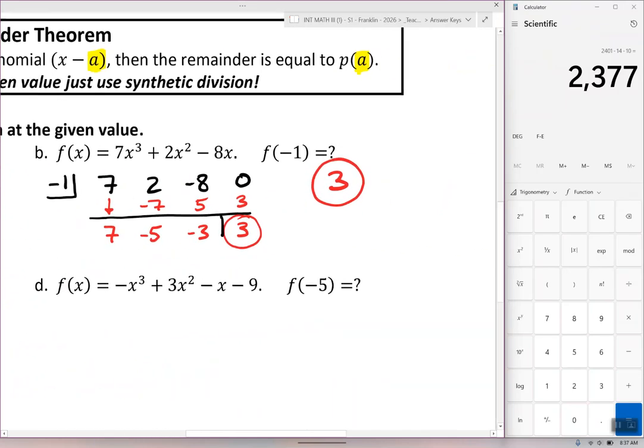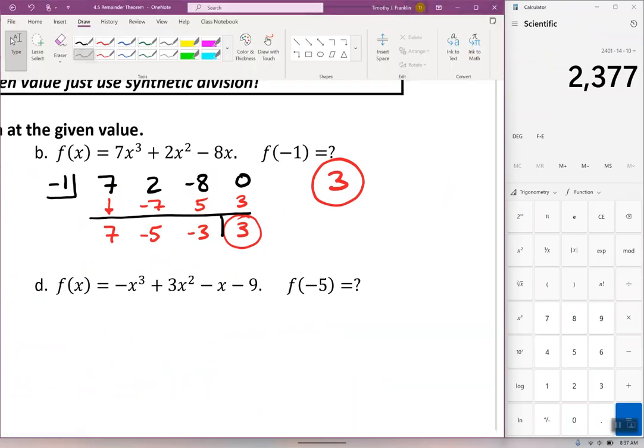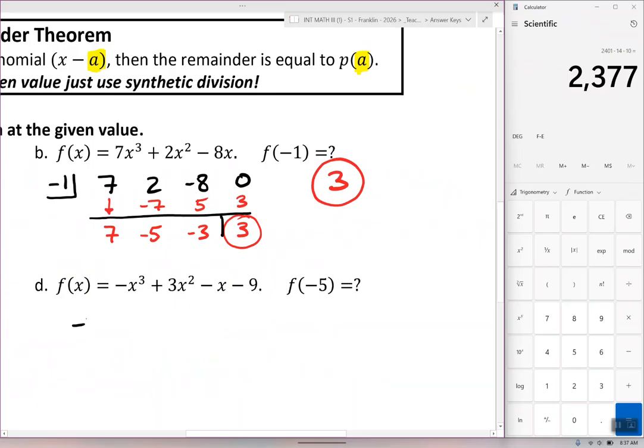All right, moving on to example D. We're evaluating this polynomial at -5. Our coefficients are -1, 3, -1, and -9. Bring down the -1, times -5 is 5. Add down, we get 8.